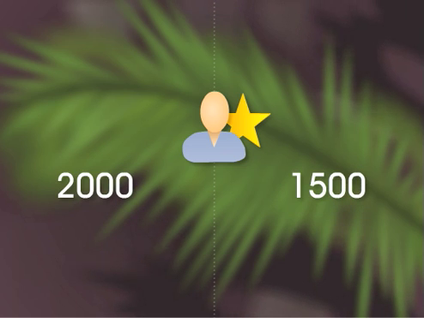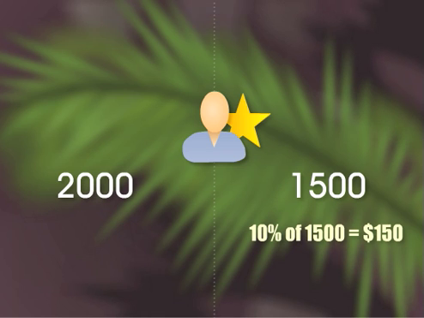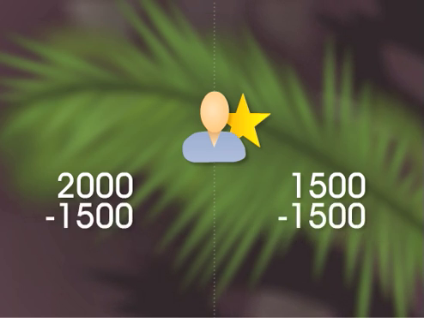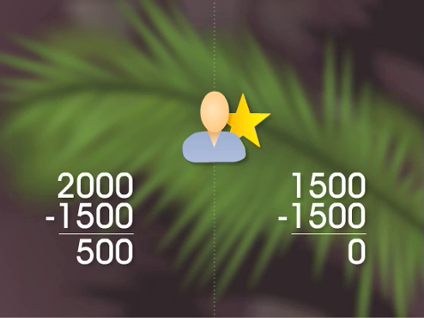Our team commission is up to 10% of our lesser leg, which this week is our right leg. So let's take 10% of $1,500, which is $150 paid to you. We subtract 1,500 points from each leg, which leaves 0 points on our right leg, and 500 points on our left leg, again, which will carry over to the following week.